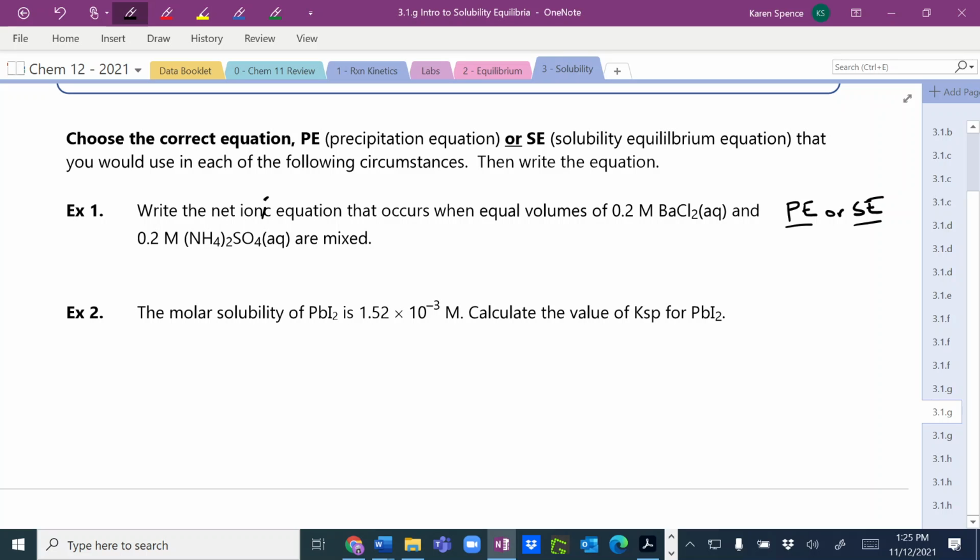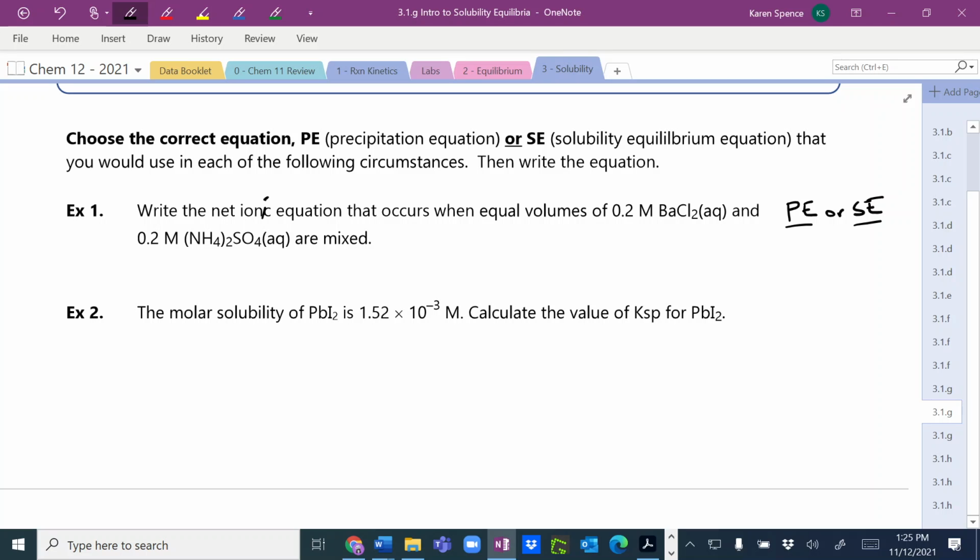This would be the letter K, but if we turn it upside down, it's the letter P. So P is a little bit difficult, but just remember your two fingers go like that, and then the thumb. And then S is much easier. S is just you make a fist, but you put your thumb in front of your fist. Okay, so are we going to be using a precipitation equation here or a solubility equilibrium equation?